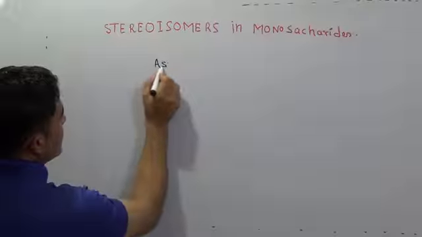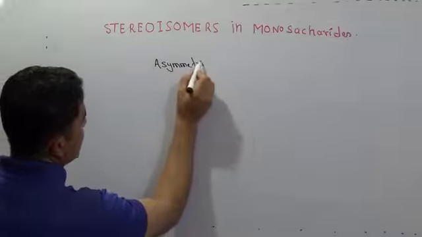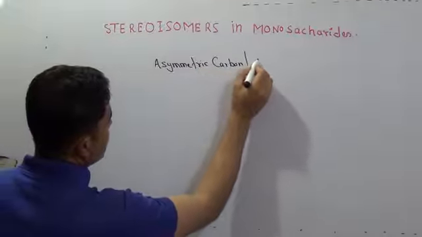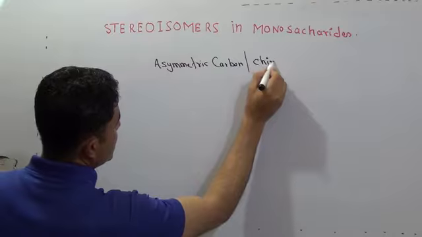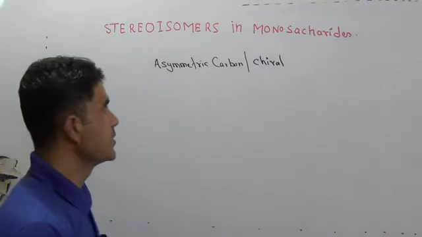That is asymmetric carbon. So here is asymmetric carbon, and sometimes we use this word as well, chiral, whatever you want to pronounce it.